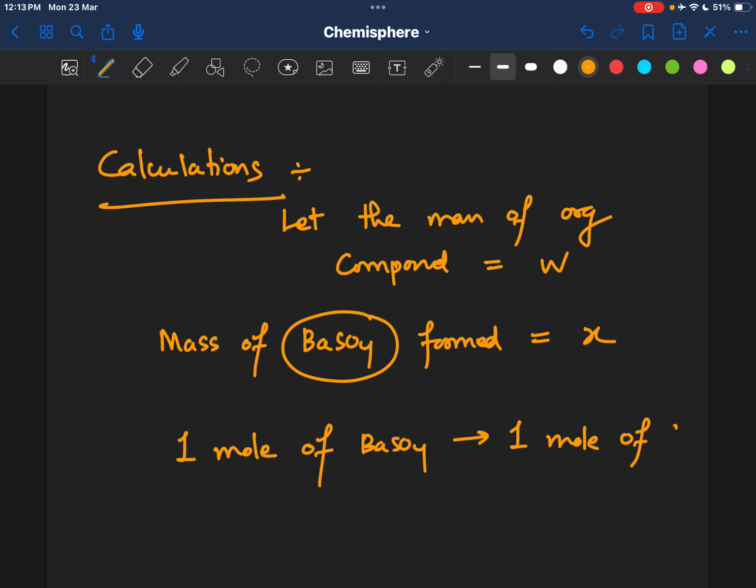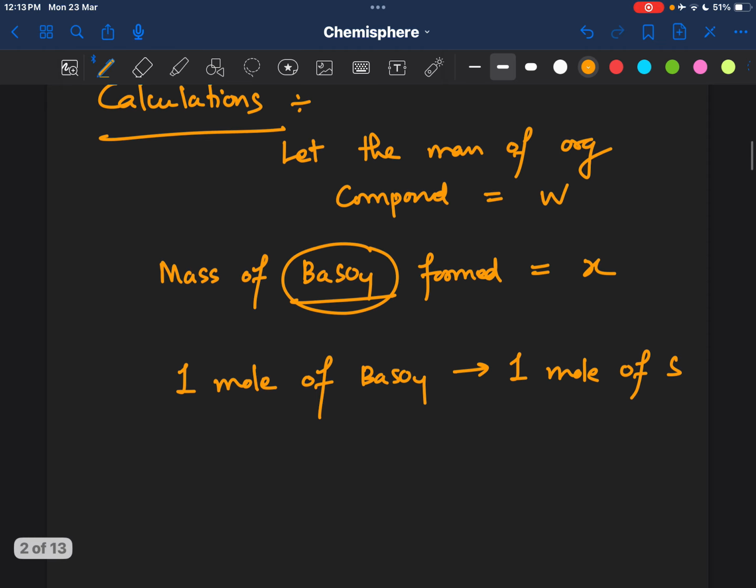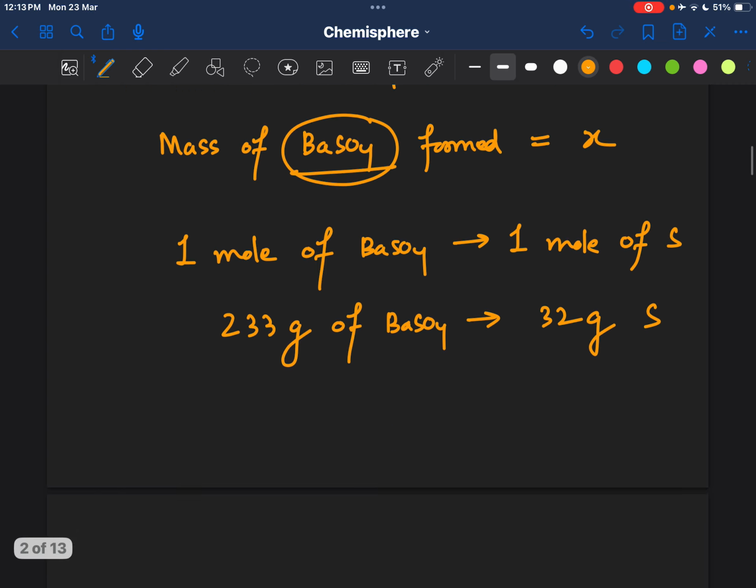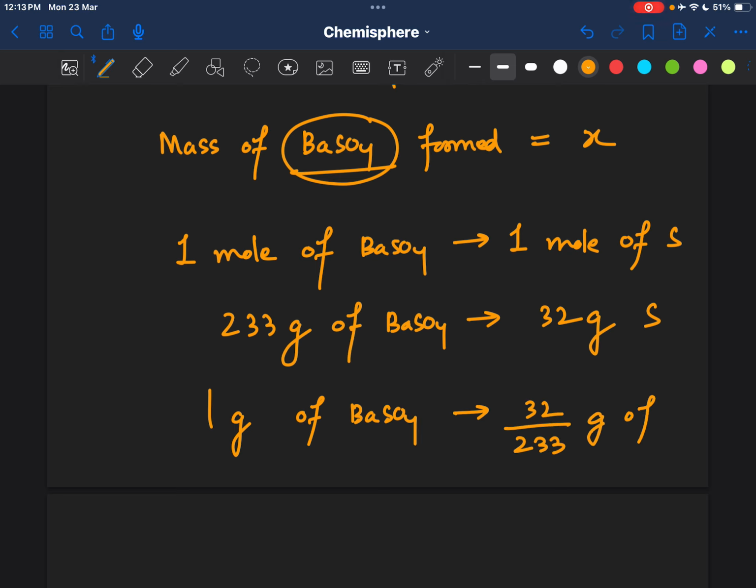We can see this from the formula itself. We know the molar mass of BaSO4 is 233, so 233 gram of BaSO4 will give us 32 gram of sulfur. So 1 gram of BaSO4 will contain 32 by 233 gram of sulfur.